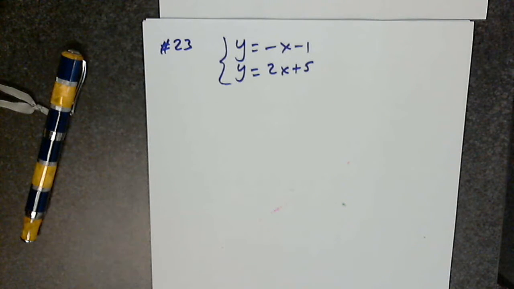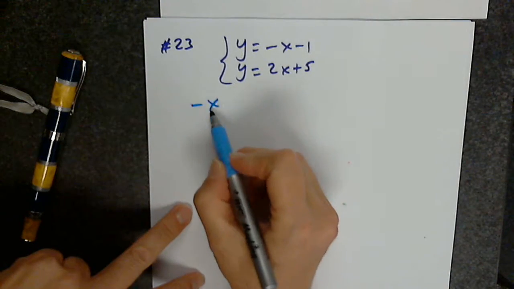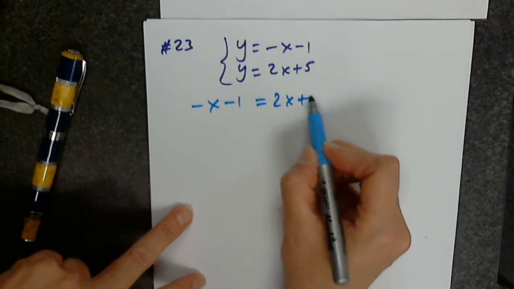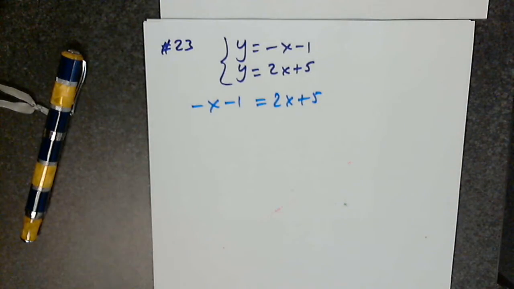Can anyone give us the first step? Set negative x minus 1 equal to 2x plus 5. Absolutely. By simply looking at it, you saw that both of them are solved for y, and they have to be the same thing.